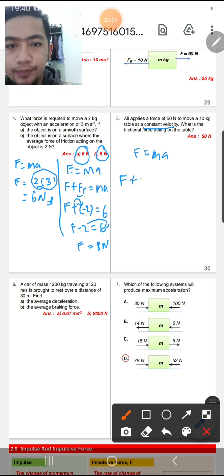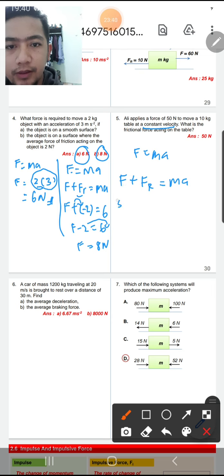So, F plus Fr, okay, equal to ma. Alright. So, substitute the value.